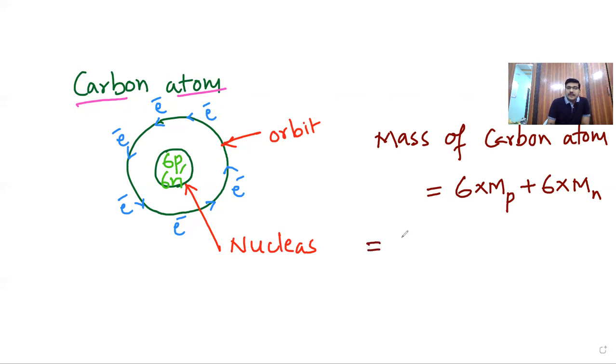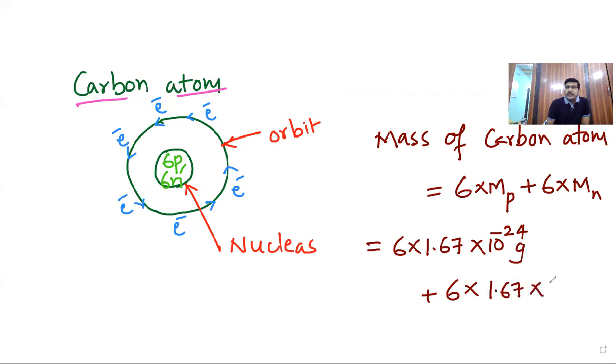Now, observe, mass of proton is 1.67 into 10 to the power of minus 24 grams, g for grams, plus mass of 6 neutrons, 6 into mass of neutron. Almost all, we are taking equal to the mass of proton for calculation purposes. We have seen this in the earlier session. So that is also 1.67 into 10 to the power of minus 24 grams.